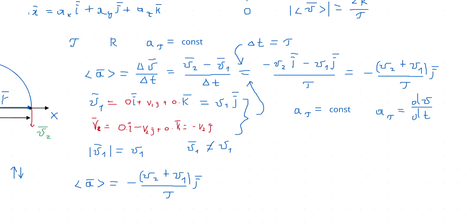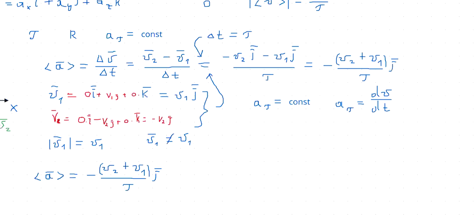Okay, so we can remember this formula, and from here we have to get the dependence of velocity on time. So how can we get velocity from this formula?